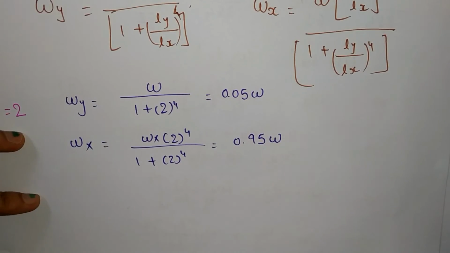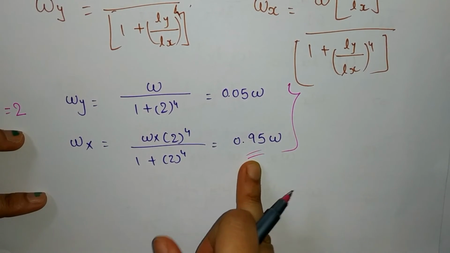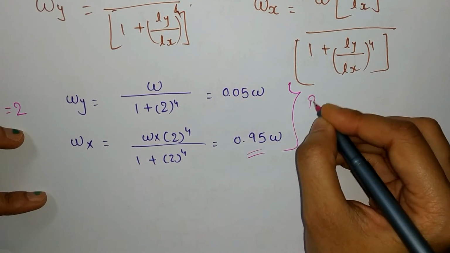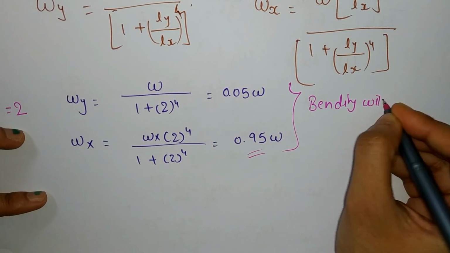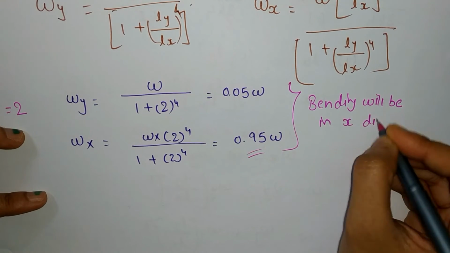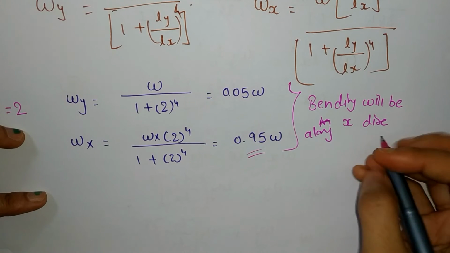As you can see, this is 95%, much more than the Y direction value, and that's why the bending will be along X direction. I think along is the better word.